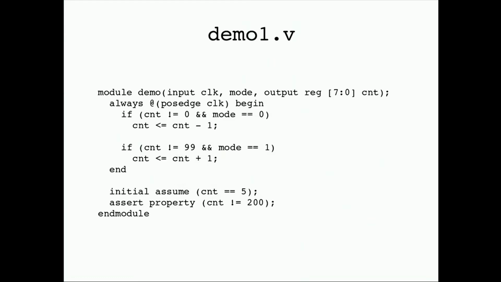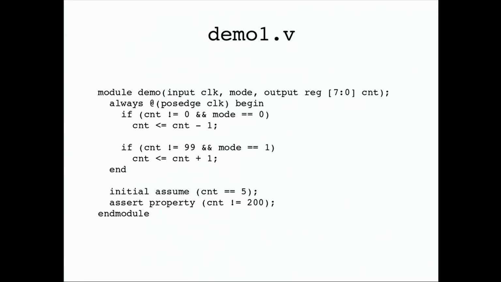So we have a variation of the design we had before. We have a counter again, but this time we have a mode input, and the mode input tells us if we should count up or if we should count down. And we assume that initially count is 5, and we assert that it can never be 200.